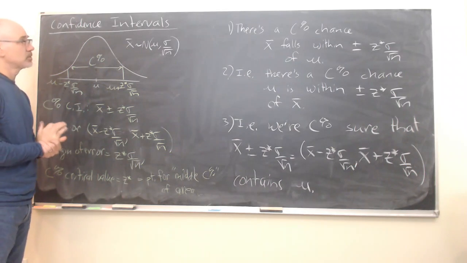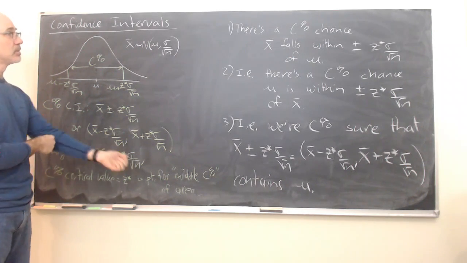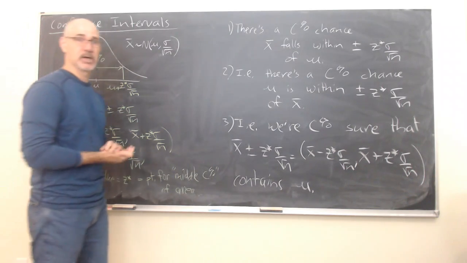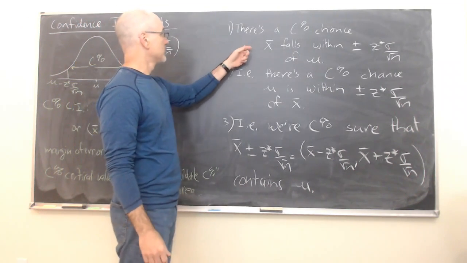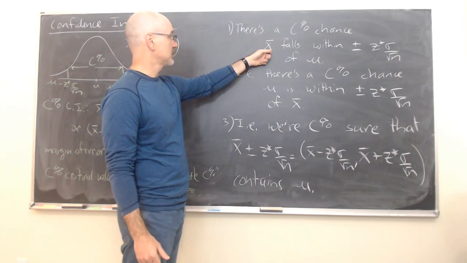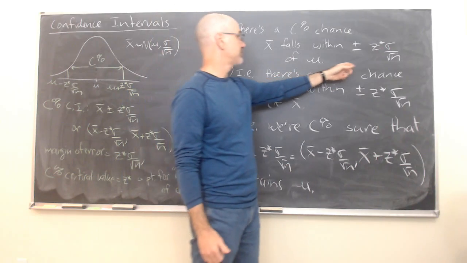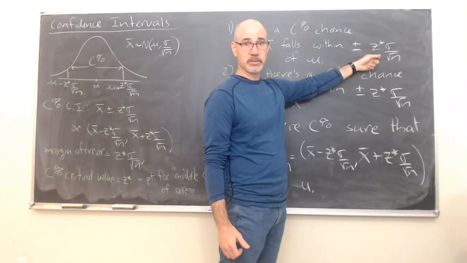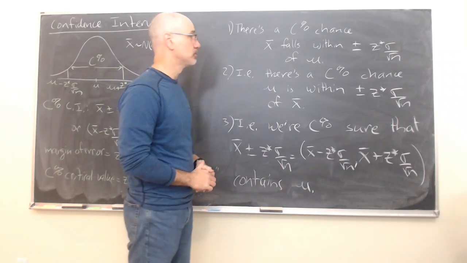All right, so here's kind of the rationale for how we construct the formula for a confidence interval. As we just mentioned, there's a C% chance that a randomly selected x bar is going to fall within the critical value Z star times sigma over root n of mu.